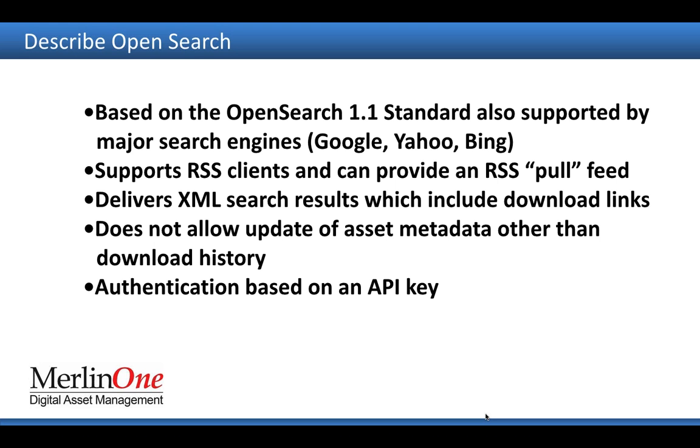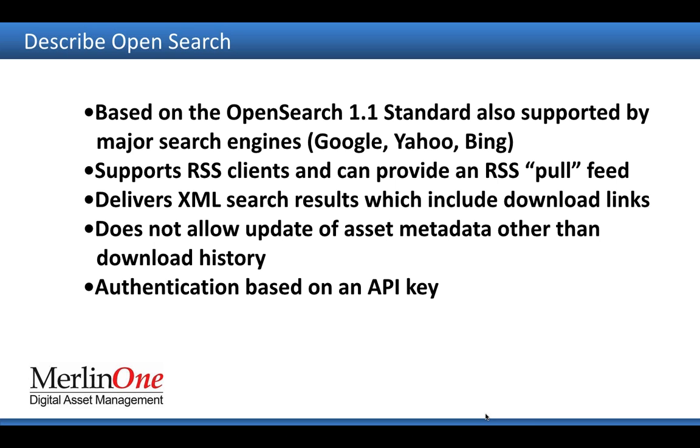OpenSearch is a simple API, a simple web service that allows you to search within Merlin. It's a protocol that's also supported by many of the main search engines, as you see on your screen. You can actually have OpenSearch clients within web browsers in order to search a variety of data sources.